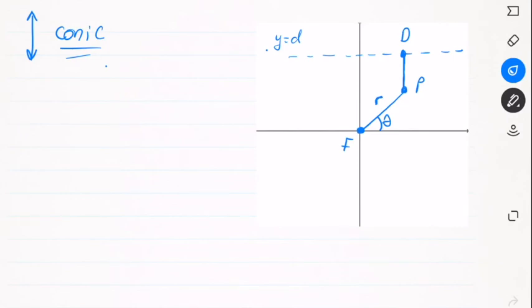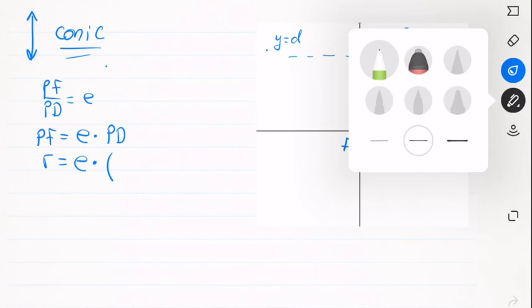And the only thing we need to figure out to get everything right, because the same formula still applies, PF over PD is equal to our eccentricity, and therefore the magnitude of PF is equal to the eccentricity times the magnitude of PD. We could kind of think of them as vectors. And PF, of course, is equal to r, so I still need to find out what the length of PD is.